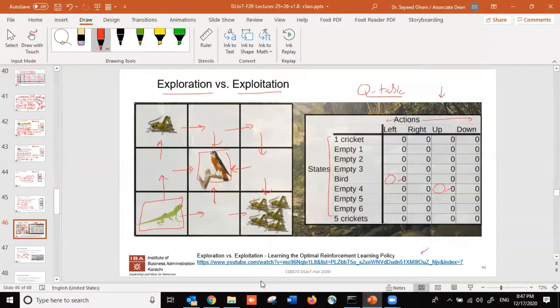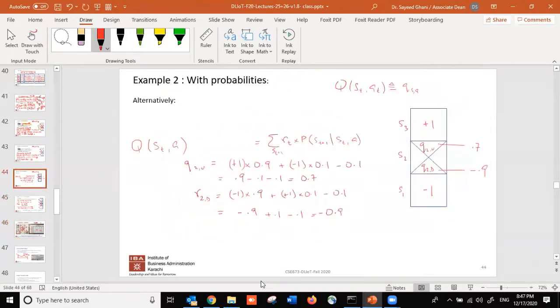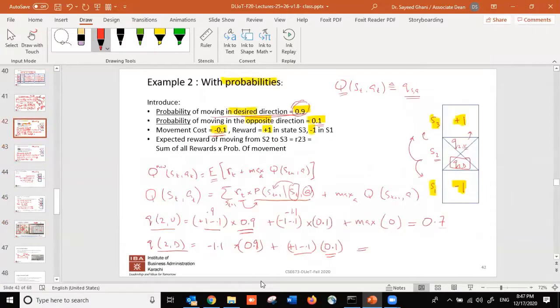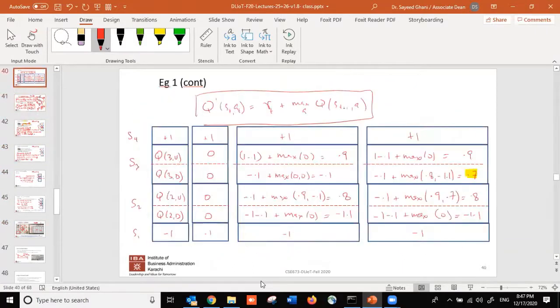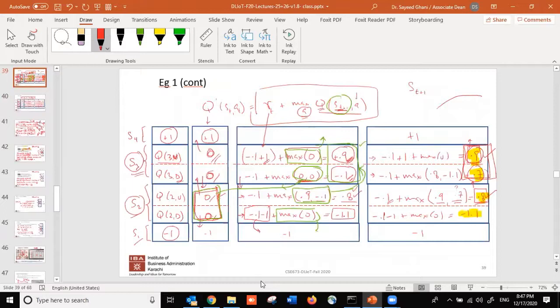Now, the point that is being made over here is that the way this is normally done, and I sort of didn't go over this completely, is that as you're trying to find the optimal, as you're trying to do this iteration, over here, what we had done is we had looked at both possibilities of going upwards and going downwards, right?